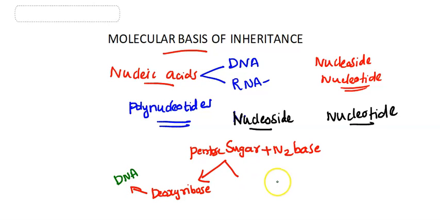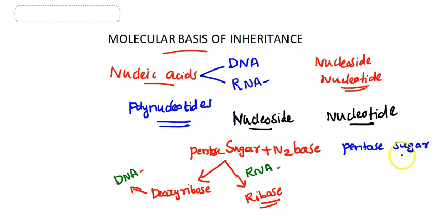But if you are taking RNA, then the name of pentose sugar will be ribose sugar. So deoxyribose sugar is present in DNA, ribose sugar is present in RNA, right? Next I am taking nucleotide. In nucleotide, in addition to nucleoside, we can see a phosphate group, which means in nucleotide we can see pentose sugar plus nitrogen base.